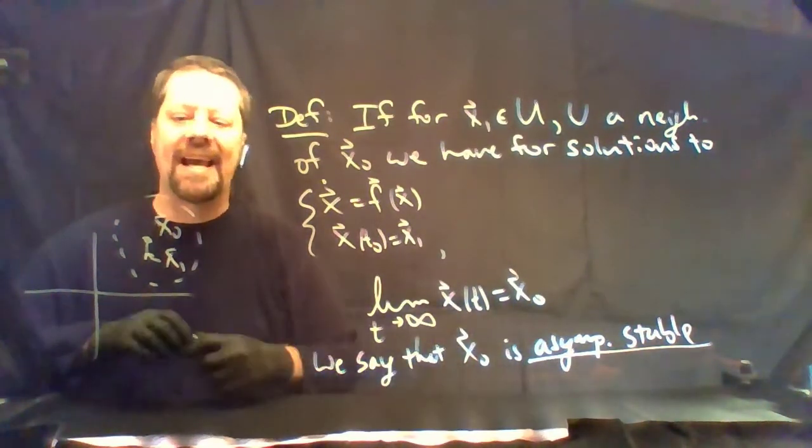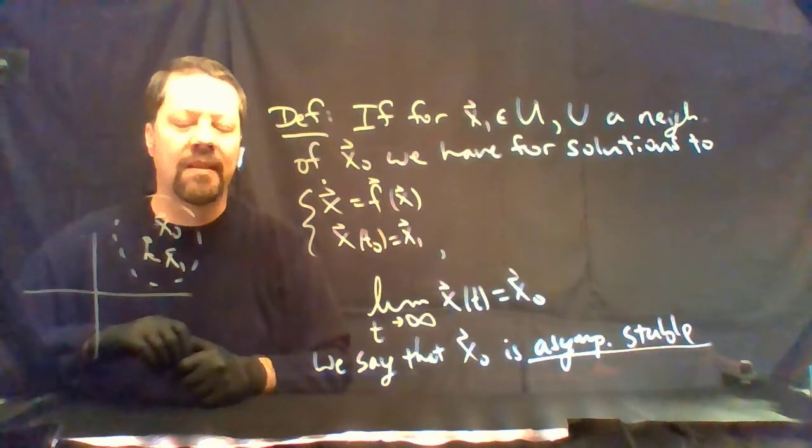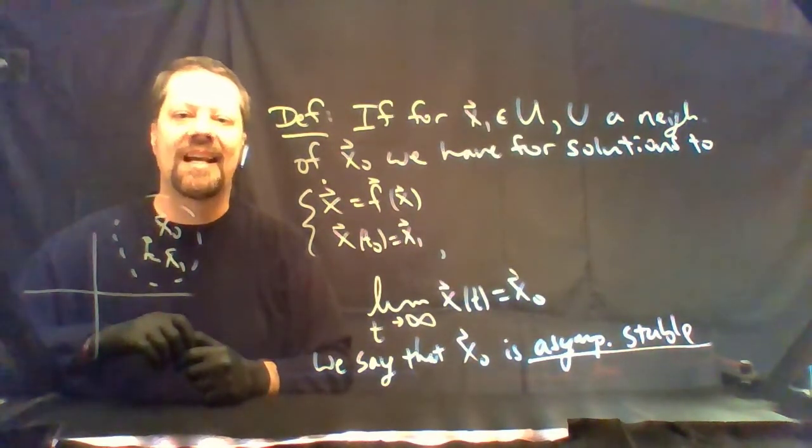That's what we mean by asymptotically stable. Sinks are always asymptotically stable. Note that while sinks are asymptotically stable, centers are stable but not asymptotically stable. For a center, you don't trend back towards the equilibrium point. You always stay some fixed distance away from it, following in some closed cycle.